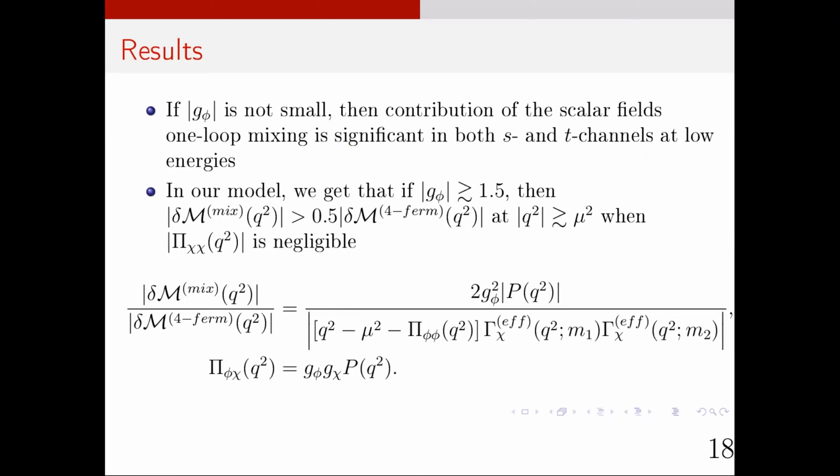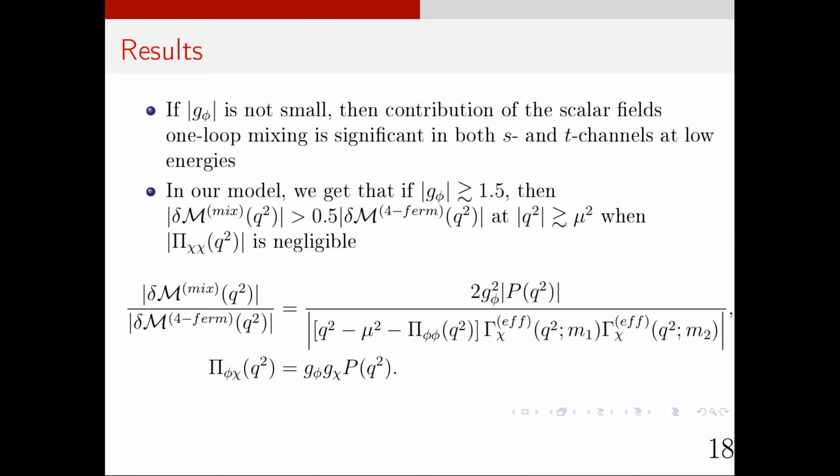Finally, if interaction between light fermions and light scalars is not small, then one-loop mixing of light and heavy scalars is powerful, and it is significant with respect to the contribution of, for example, the four-fermion interaction term. If we take into account four-fermion interaction, then we also should take into account one-loop mixing. But the effective Lagrangian does not take into account one-loop mixing of light and heavy states.